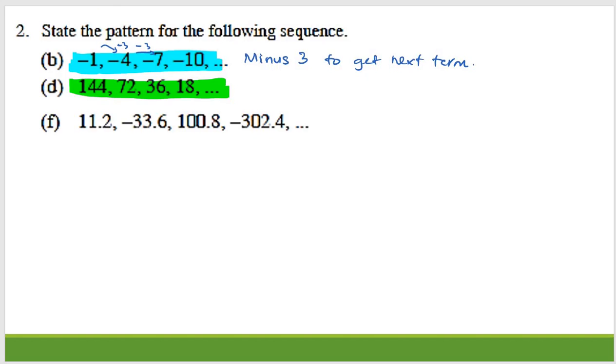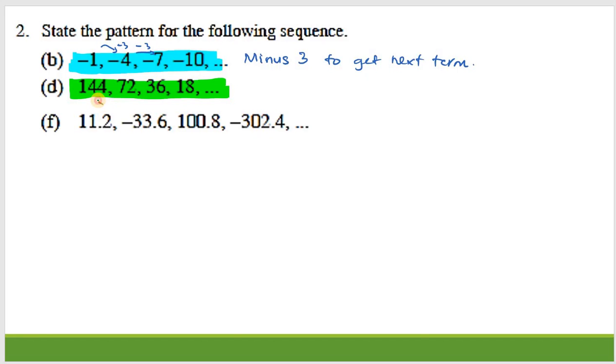So I mentioned before, when you have reducing or decreasing numbers, or the numbers are arranged in descending order, we have two choices, whether it's minus or division. So this one obviously is not minus, because the difference between all these numbers is not the same. So that means this is actually division.